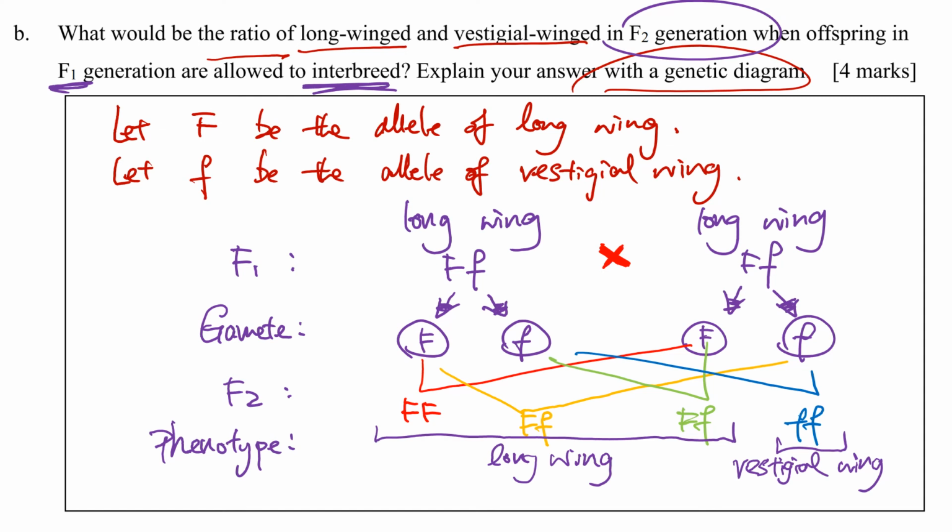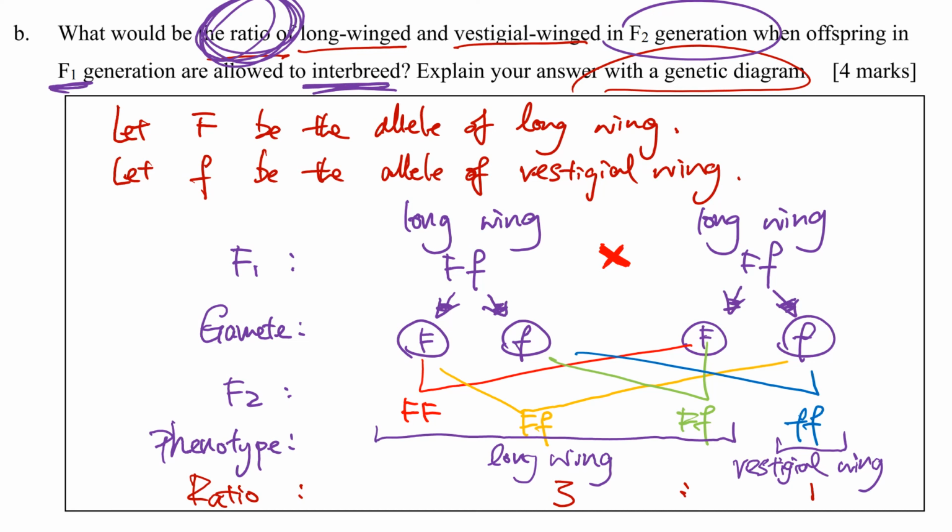Most importantly, you tell me the ratio of long wing and vestigial wing in F2. So you have to tell me at the very end, the ratio this time is 3:1. That's it for the questions.